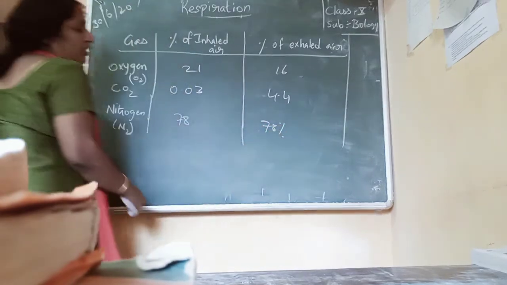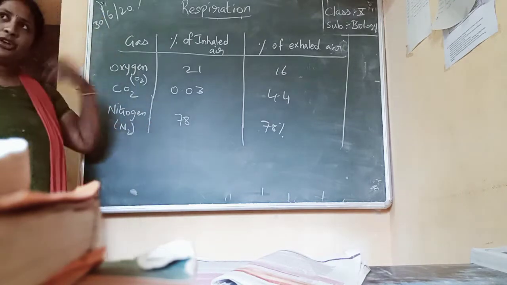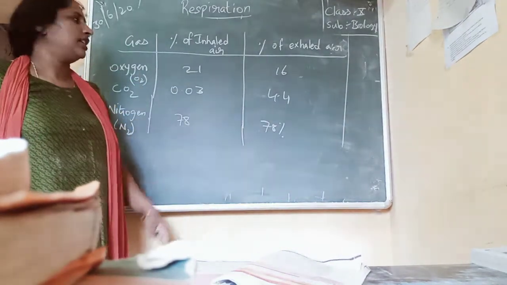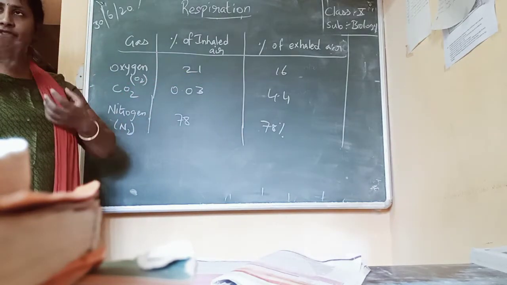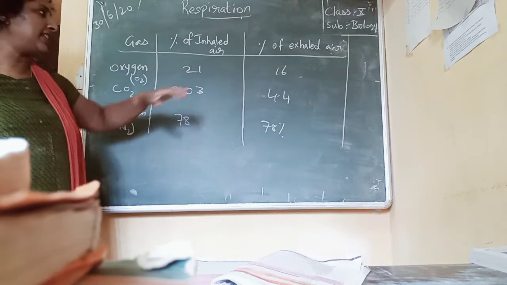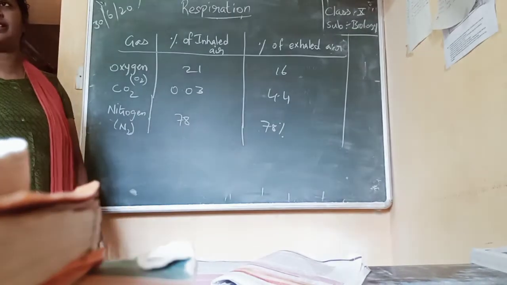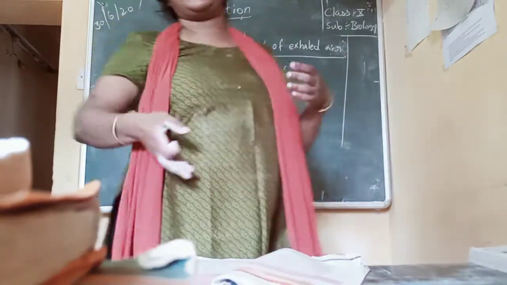Okay, so see now when you are inhaling air into the lungs, you are taking 21% of oxygen. The air which has entered into your lungs has 21% oxygen present. When you are exhaling, you will exhale the air, no?